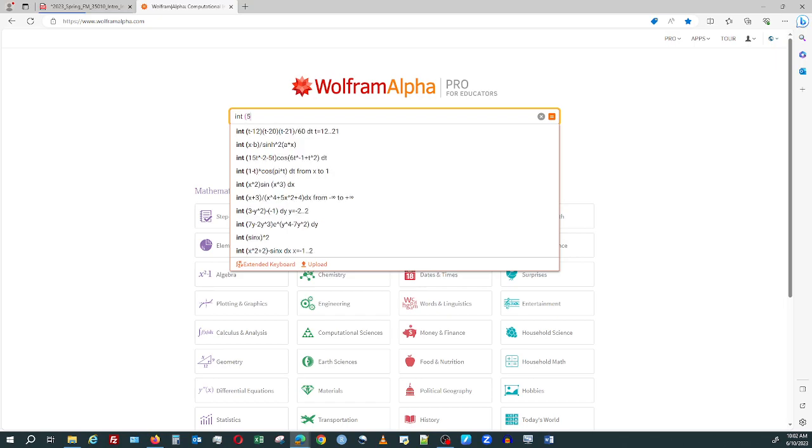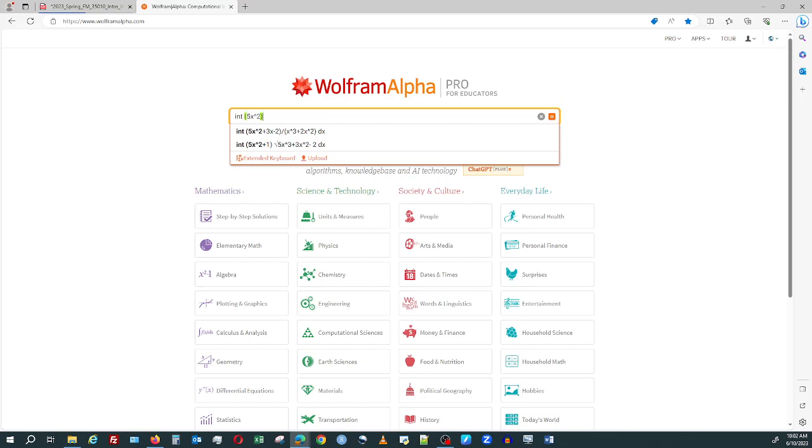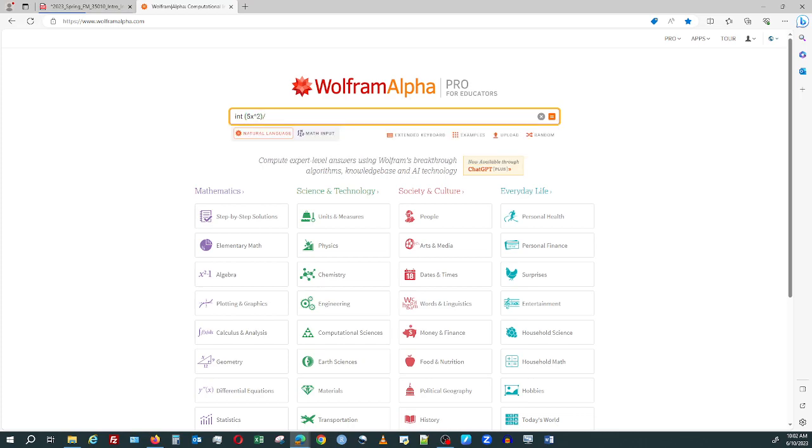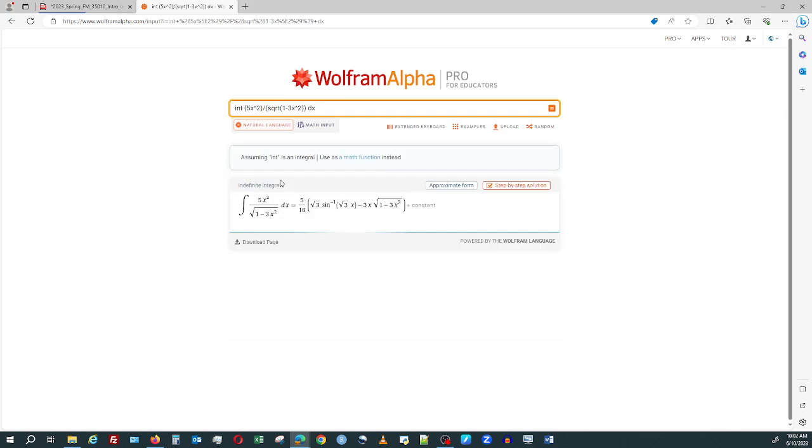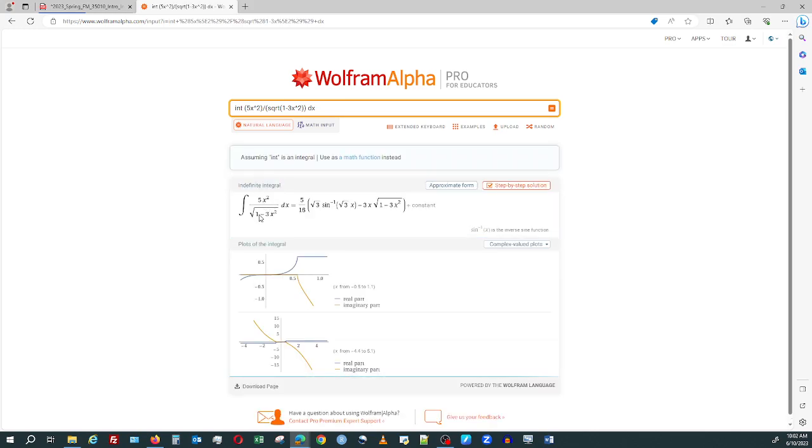So we've got 5x to the power 2 divided by the denominator square root 1 minus 3x squared dx. And so it knows it's integrating with respect to x. And so that's the correct form of our integral.